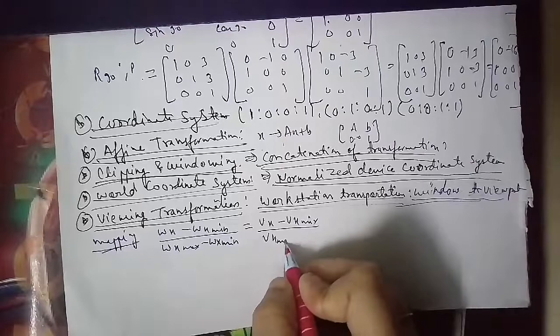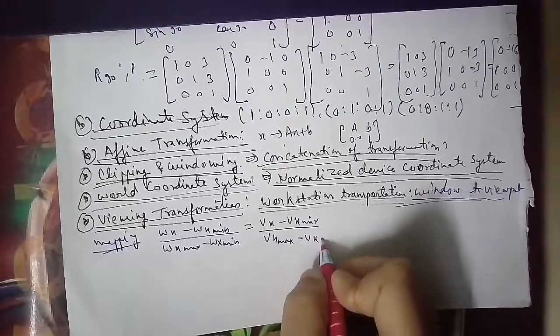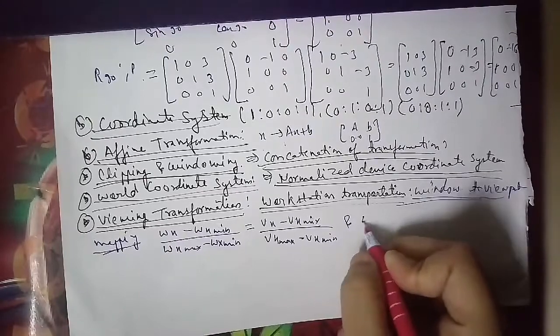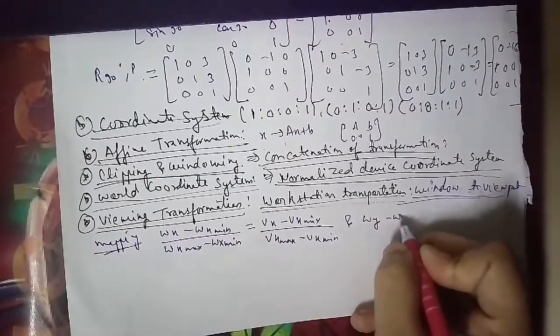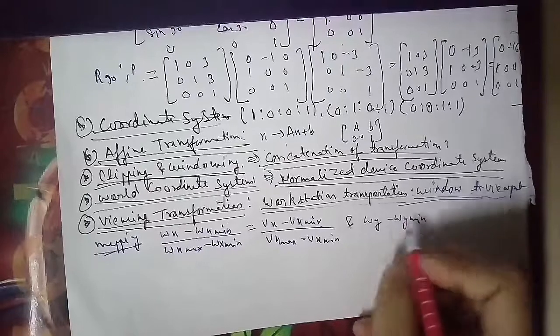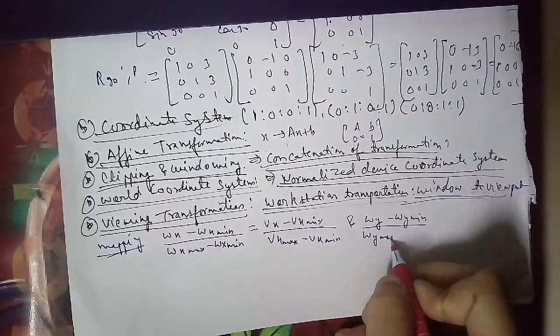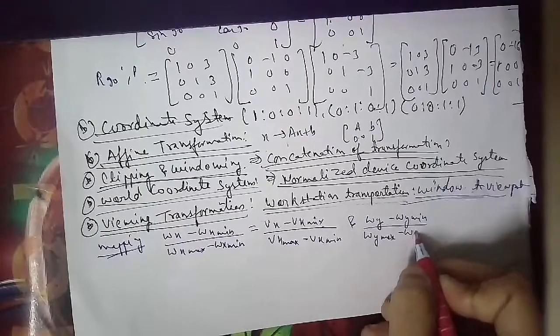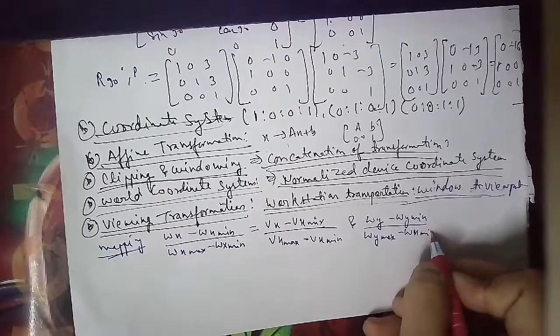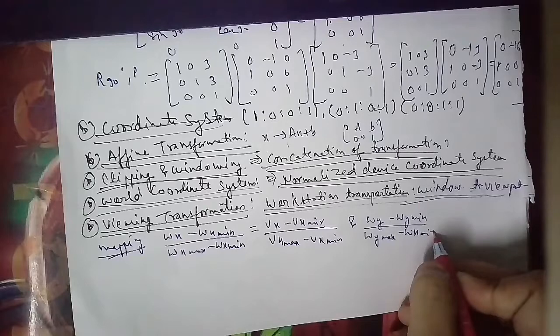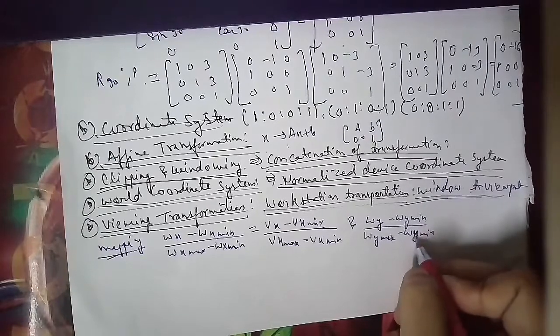Thus Vx equals (Vx max minus Vx min) upon (Wx max minus Wx min) times (Wx minus Wx min), plus Vx min.